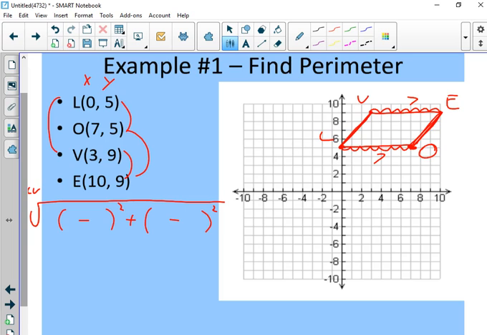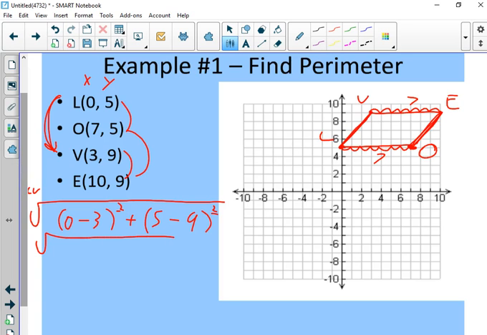So L, x, is 0, and B is 3. Those are my x's. And then 5 minus 9. So I did 0 minus 3 and 5 minus 9. Negative numbers won't matter because you're squaring them.